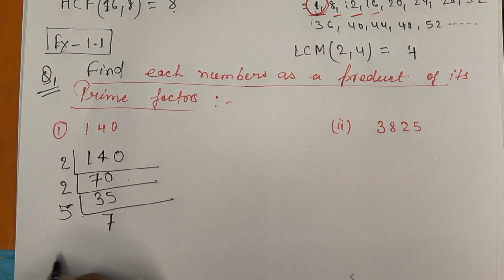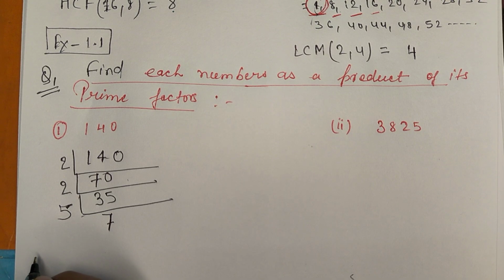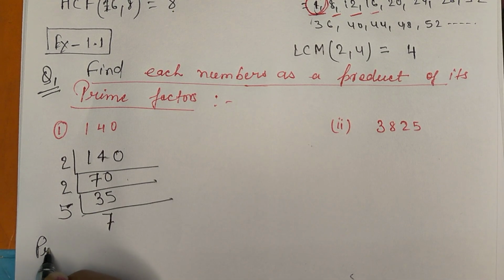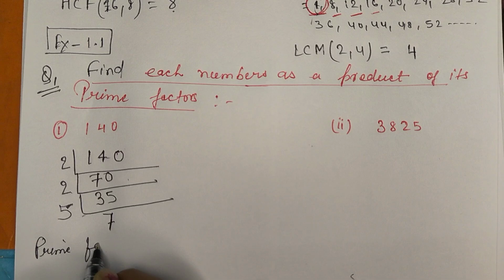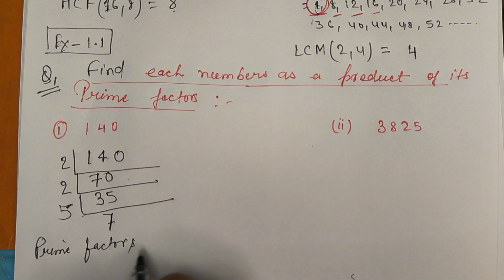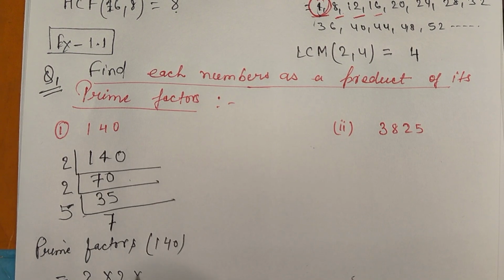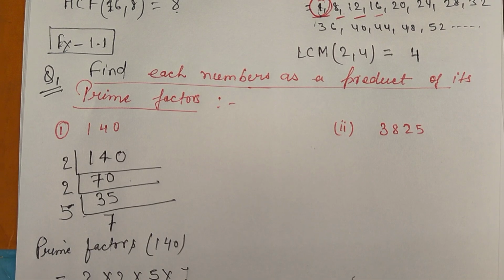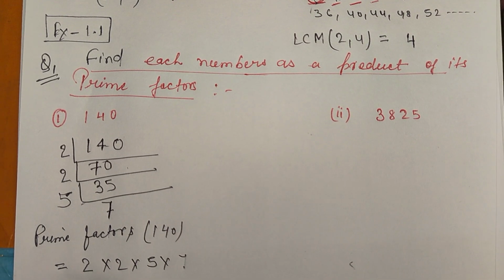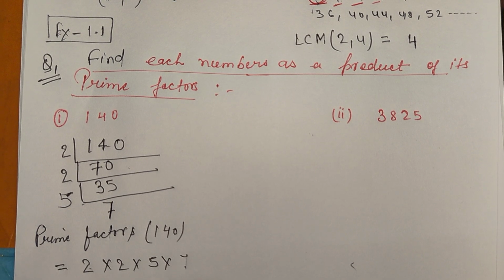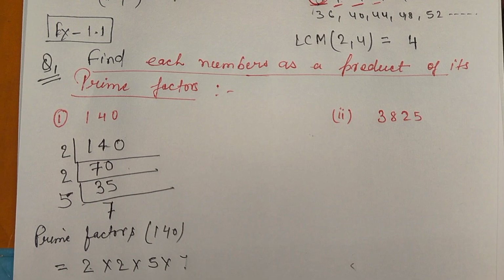Okay, we can write this number this way, as a product of its prime factors. The prime factorization of 140 is equal to 2, 2, 5 and 7. We write this as 2 squared into 5 into 7. This is the prime factorization of this number.